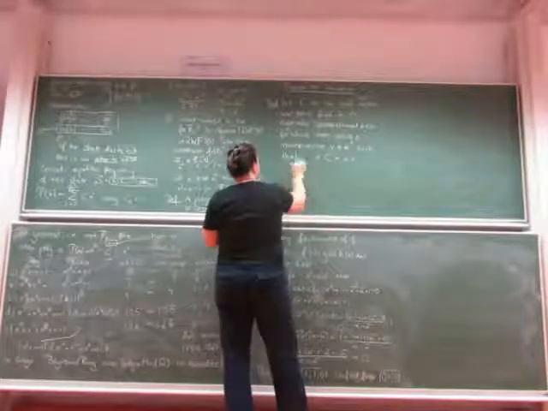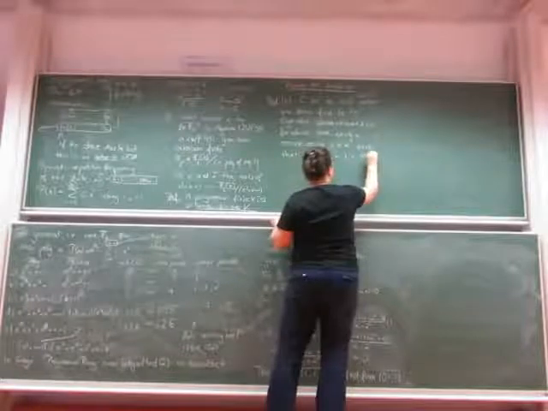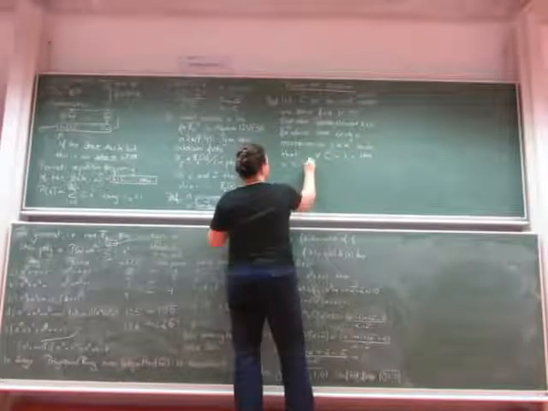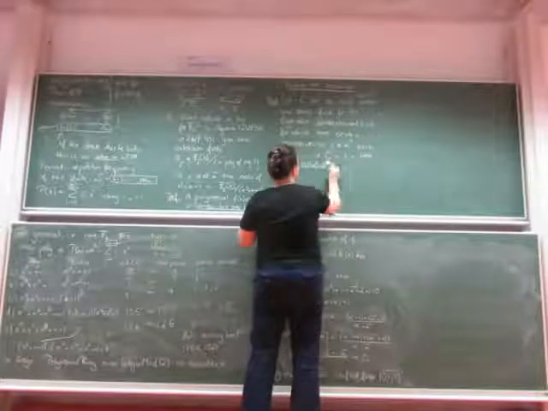So then lambda V is called the eigenvector.